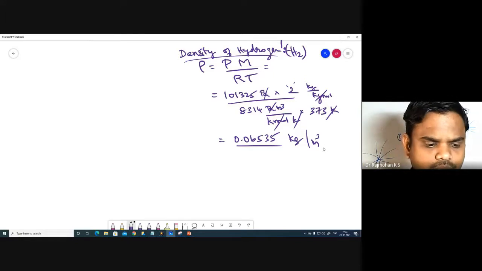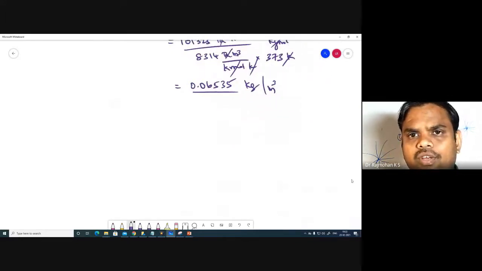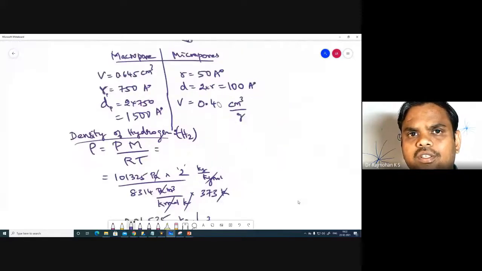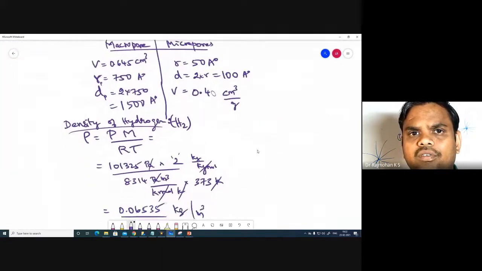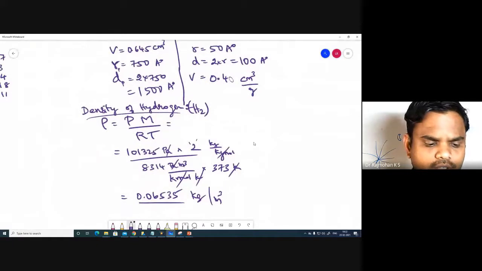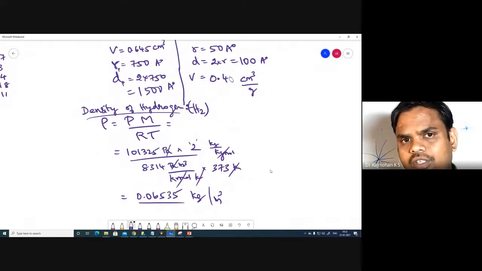Now we can find out lambda, right? To find lambda, what should we do first? We should find the mean molecular velocity of A. You can determine that also.